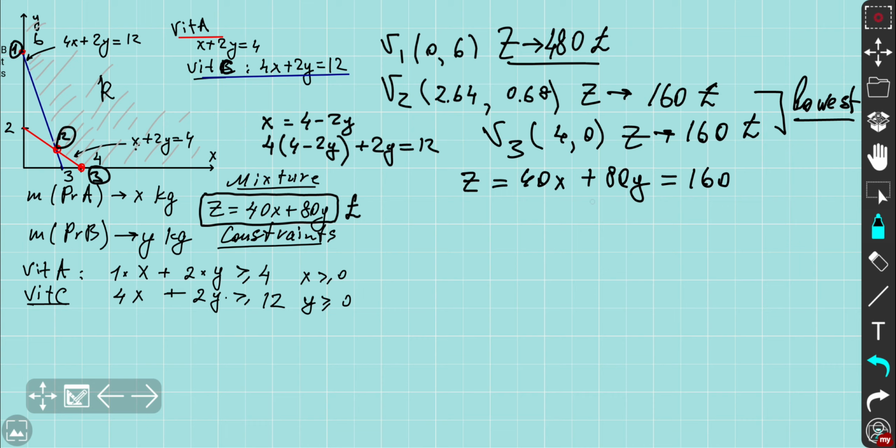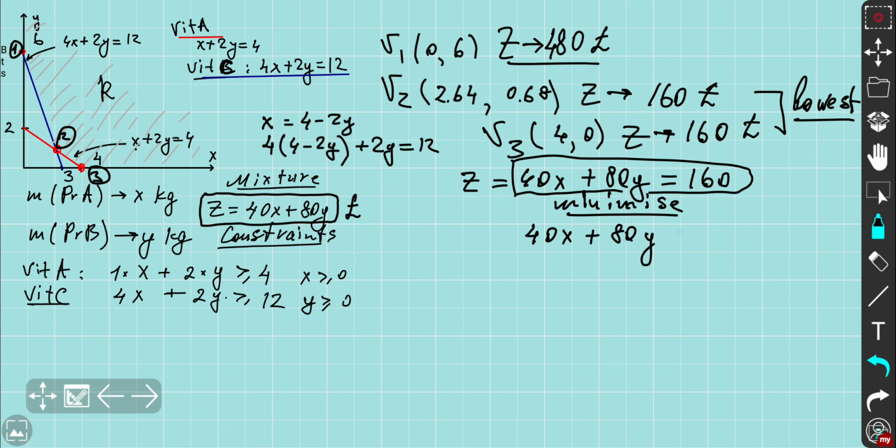However, we need to minimize that. So instead of equality, it should be inequality. In the case of looking for the minimum of the objective function, we want to say that 40x plus 80y should be even lower than 160.